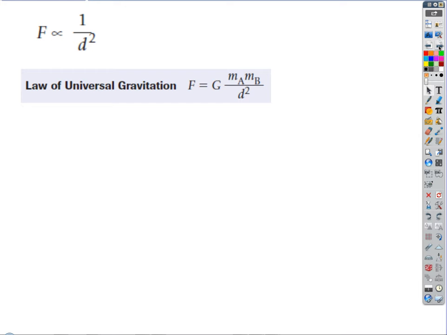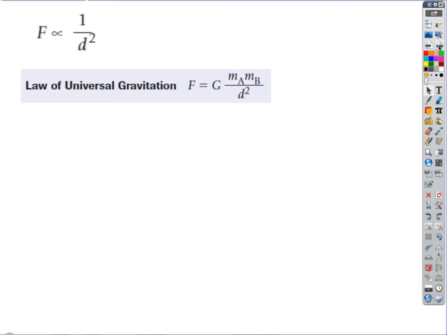Okay, so the law of universal gravitation. There's a really cool story behind this. All it is is the equation that predicts the strength of gravitational attraction between two things.